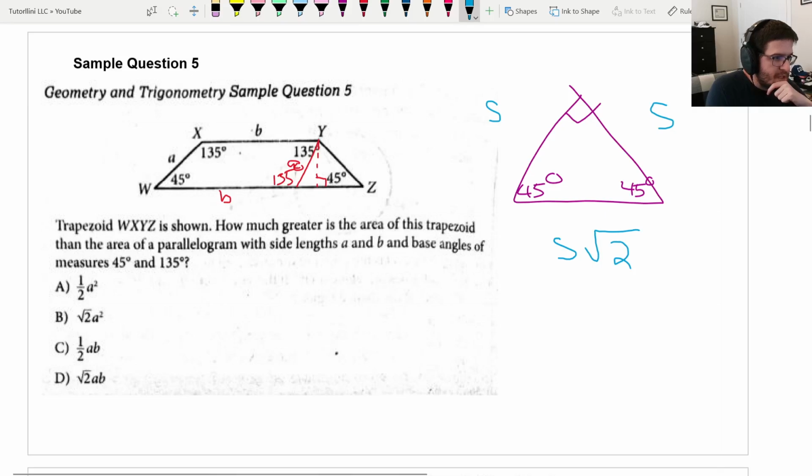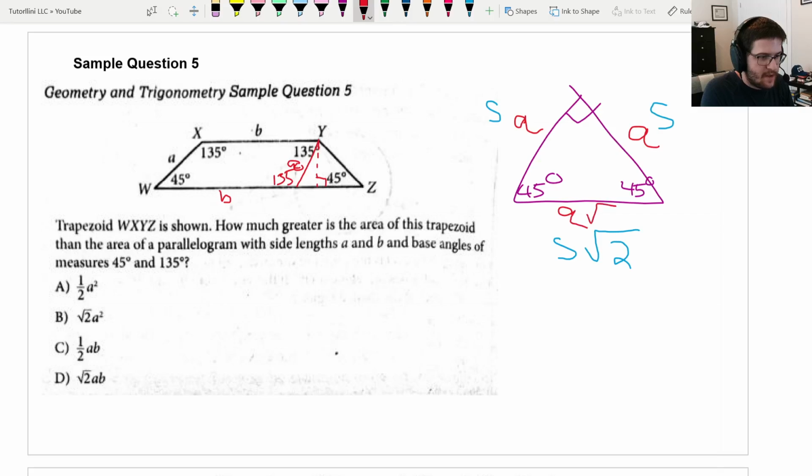Well, this side we know is equal to A, because in parallelograms, the sides across from each other are equal. So this one is A, and that means that S is equal to A. So I can write this as A, and I can write this as A root 2. I think we just have to find the area of that triangle, as I was talking about before.